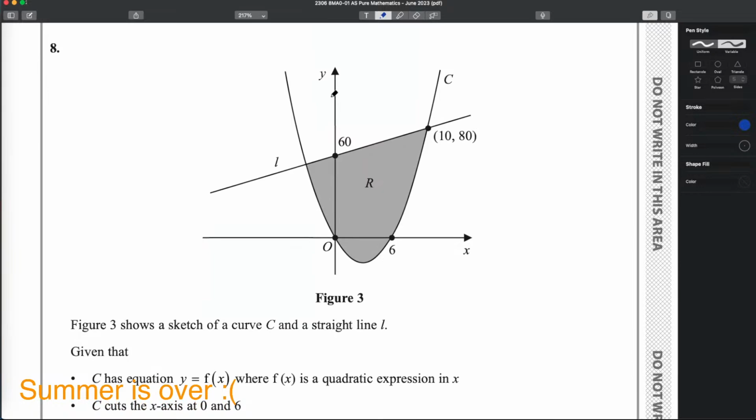So how do we find a quadratic from this sketch? We have the roots, but that's not the complete picture. Why not?